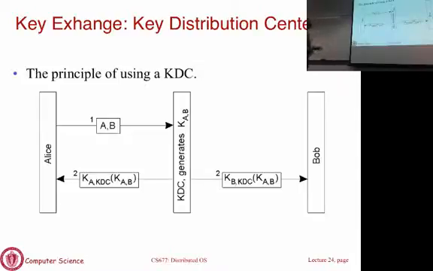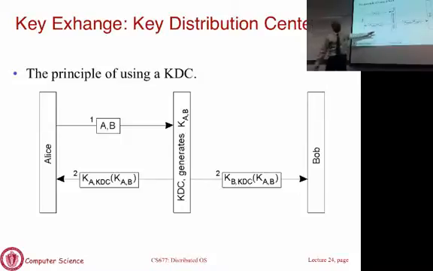So here is how it works. Basically, each entity has a key that only the KDC and they know in advance. Okay, this could be done when the machine is set up or some such thing. Okay. So if Alice wants to talk to Bob, what Alice is going to do is send a message to the KDC saying, I am Alice, I want to send a message to Bob, generate a key for us.